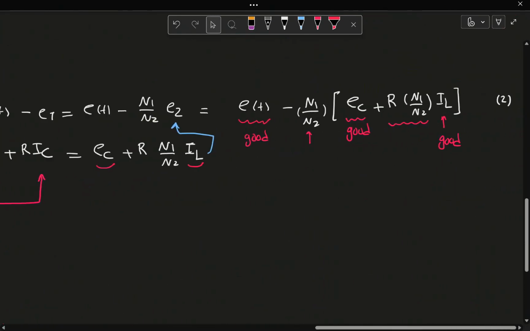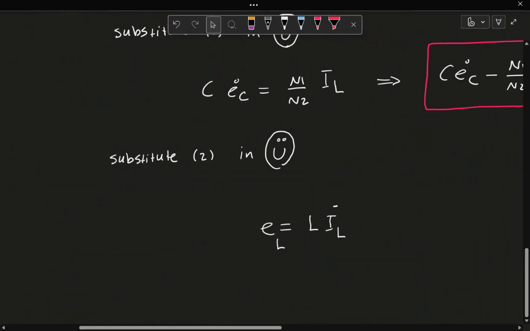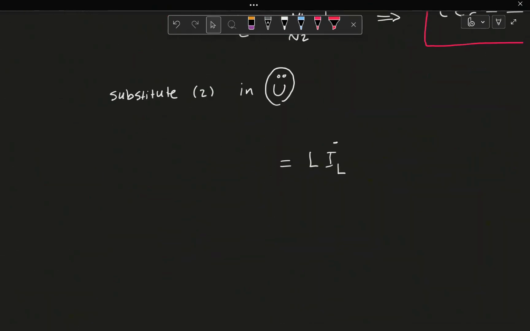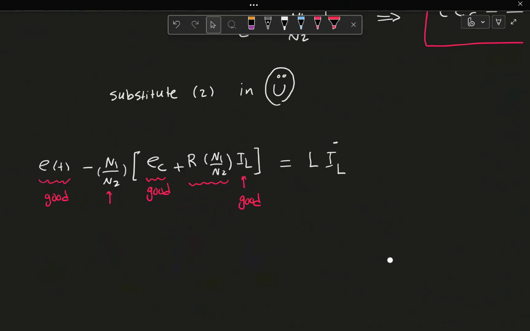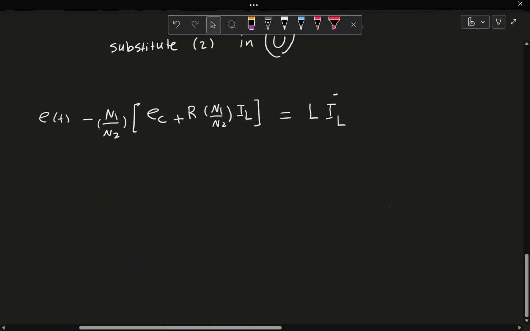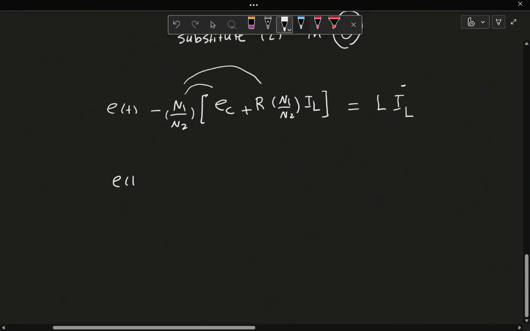So by substituting 2 in this equation, you'll have such a representation for EL. The only thing that you need to do is first make it a little bit nicer, first multiply these terms here and here, and then bring all the dynamic terms on one side and keep the inputs on the other side.